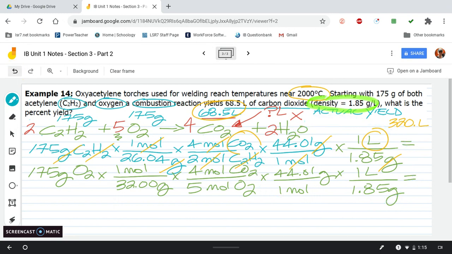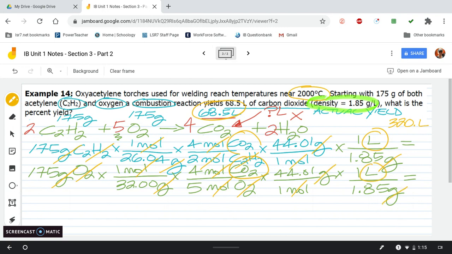All right, we're just trying to figure out which one's smaller. So let's run it through. Oh, let's check our units real quick. Didn't do that. Grams, good. O2, gone. Moles, gone. Moles, gone. We're keeping the CO2. Grams cancel. Okay, top and bottom worked out.